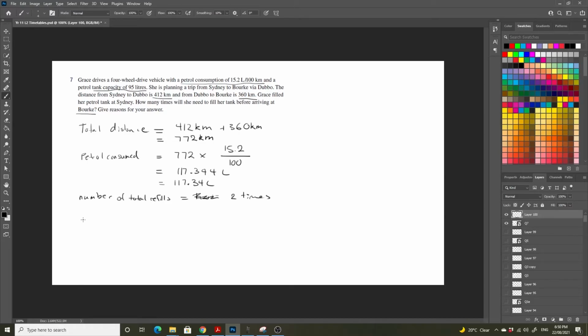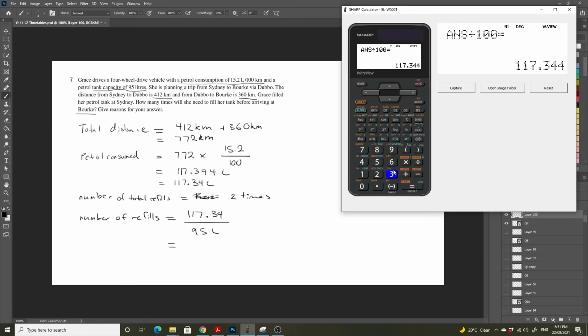But if they're asking for the specific number of times you would have to refill it, then we could get a decimal version of how much she would actually use by doing the number of refills is going to be equal to 117.34 divided by 95 liters.